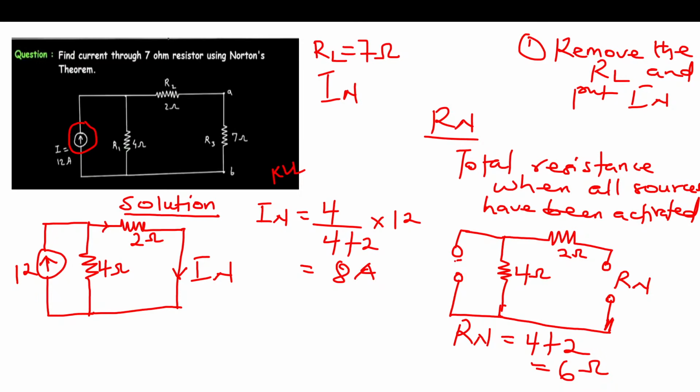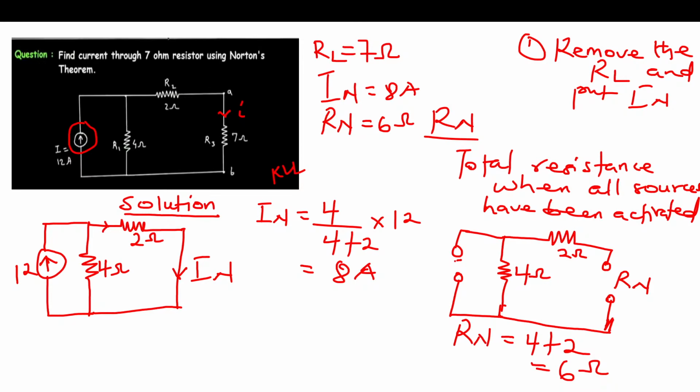Okay, so we have IN to be 8 amps and then RN to be what? 6 ohms. Now the question is asking us to find the current passing through this 7 ohm resistor here. Okay, how do we do it?